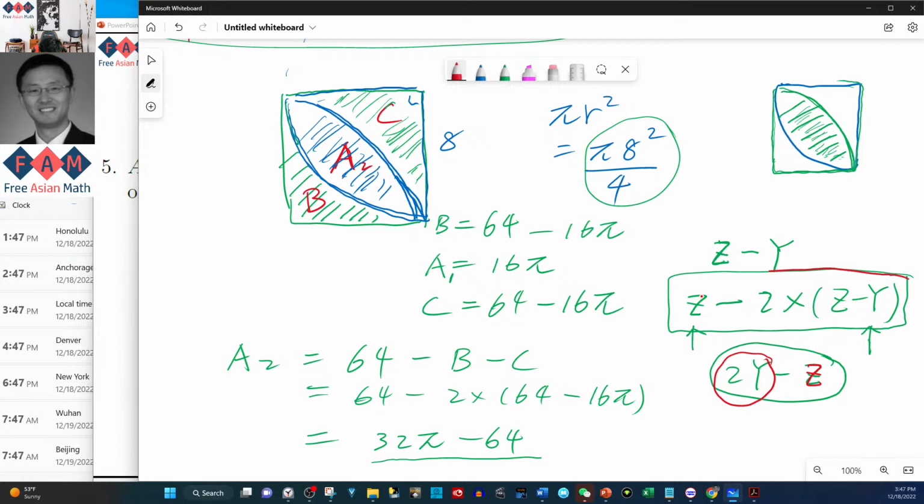So in this way, we first calculate this area and then this area, which is through this z minus y. Then we subtract those two from the total. That's one way to look at this shadowed area.